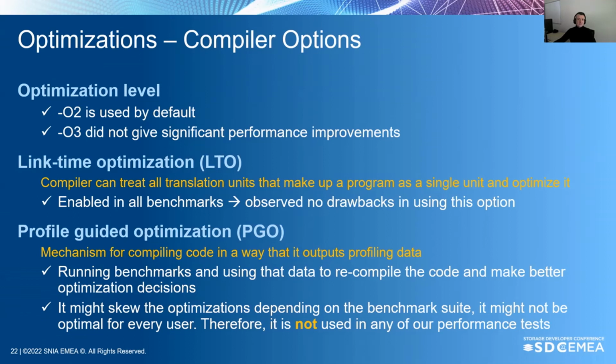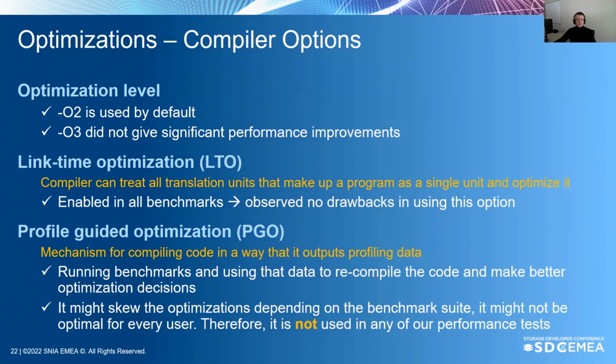This means that, for example, it can inline a function from one C file in another one. This results in more efficient code, and we haven't observed any drawbacks to using that, so we are enabling it in all our benchmarks. And Karol will actually show you the impact this option has on our benchmarks.